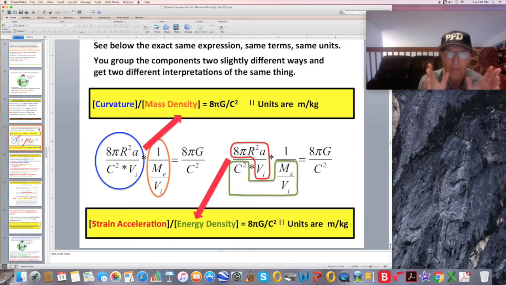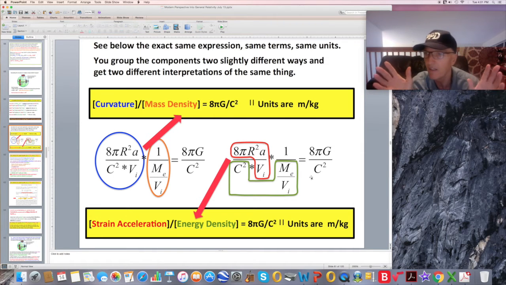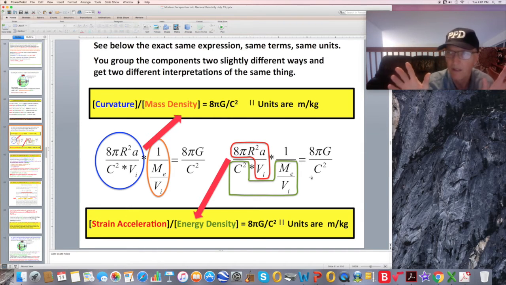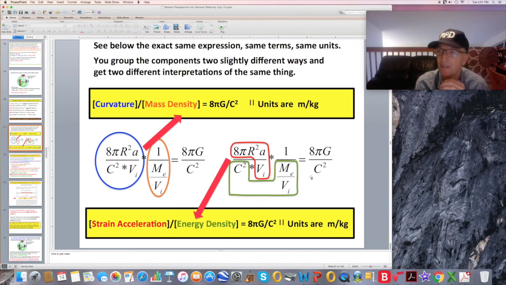So at the top there, you say, see below, and you have 2 copies of the same expression. Inside, I have exactly the same terms, and it's in the same units. So you'd think it's the same thing twice, and why are you even showing it?